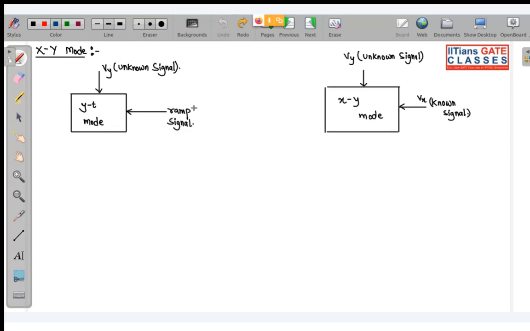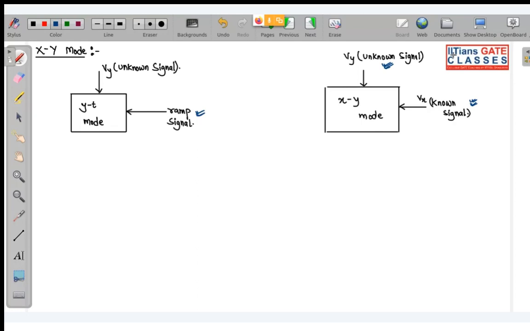See, basically the frequency that I was calculating over here was by calculating the divisions in your x-axis. But here actually we don't need to calculate the divisions in your x-axis. Directly, if I know the frequency of known signal, I can calculate the frequency of unknown signal, even the phase of the unknown signal, with the help of your XY mode.